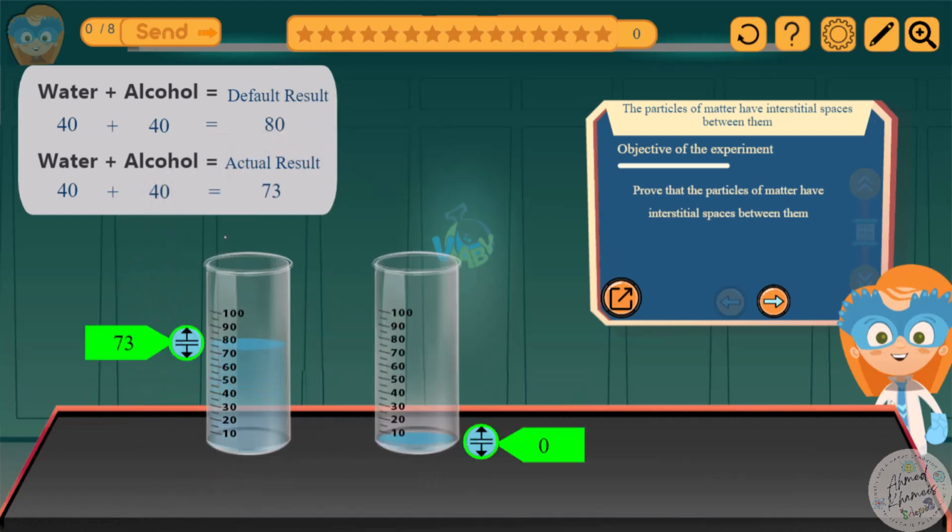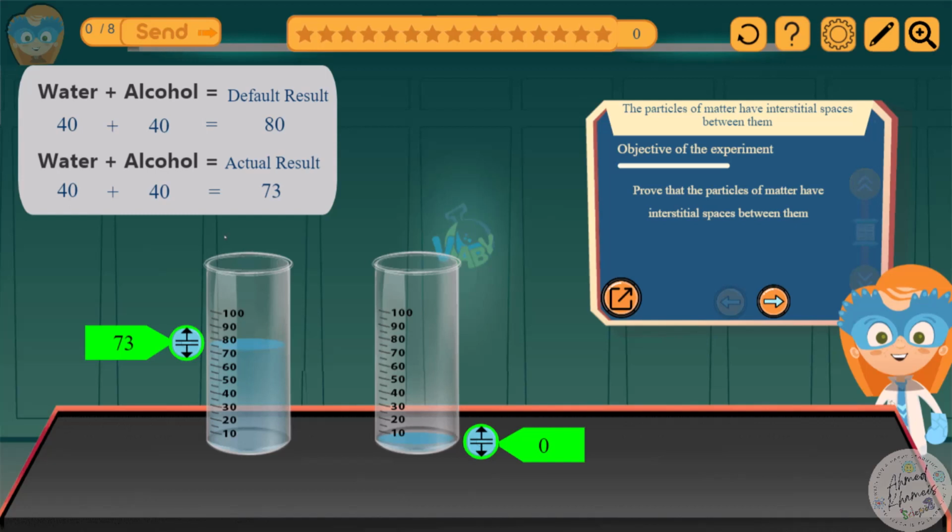We notice that the volume of the mixture is less than the sum of the volumes of water and alcohol, because some of the alcohol molecules have spread into the interstitial spaces between the water molecules. We conclude that there are spaces between the particles of matter called interstitial spaces. So the actual volume is less than the expected volume. Why?